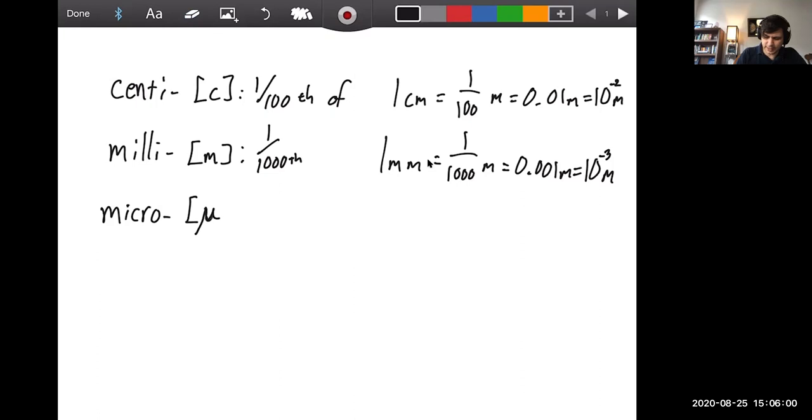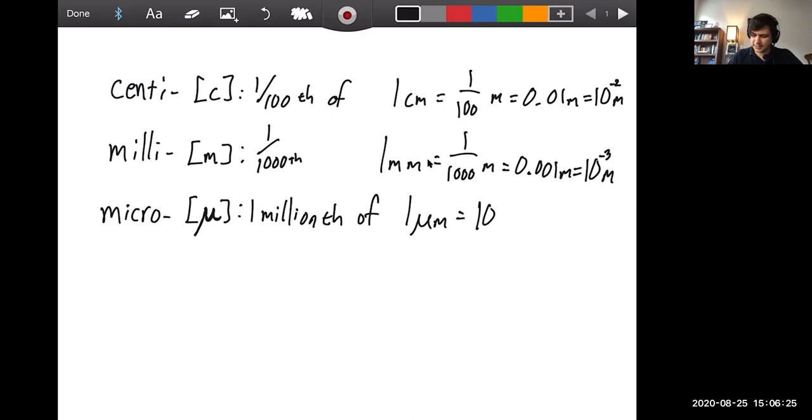It's like making a U and then turning it into an M. This is 1 millionth of. So 1 micrometer, which we typically call a micron, equals a millionth of a meter. It'll be 10 to the minus 6 meters.